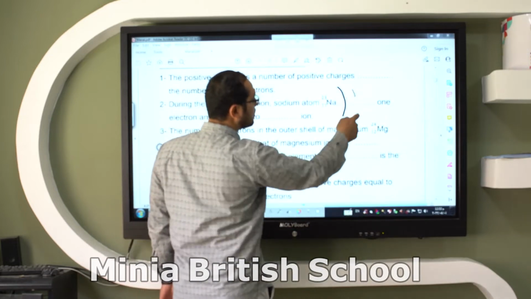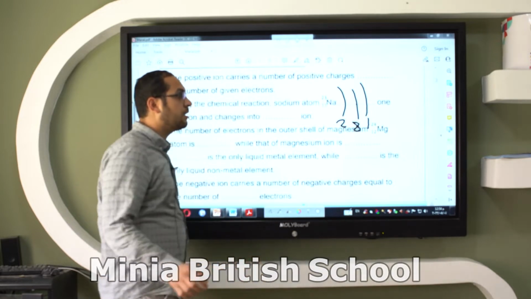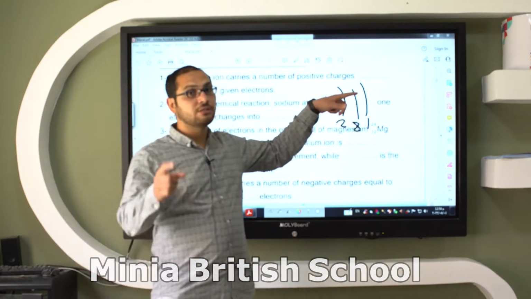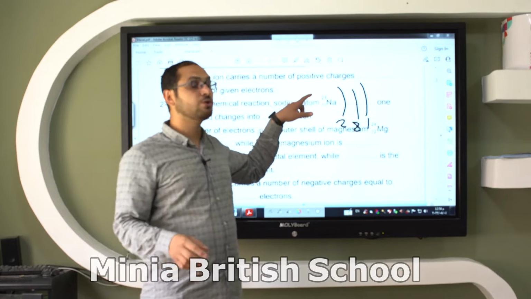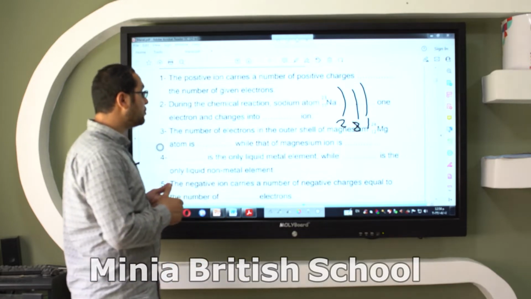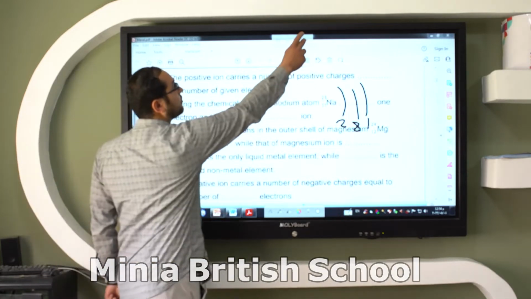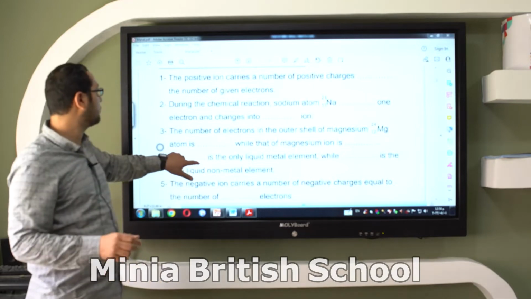This is 2, 8, 1. The outer level contains only 1 electron, so sodium tends to lose its electron and change into a positive ion.